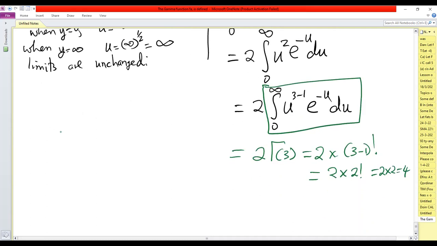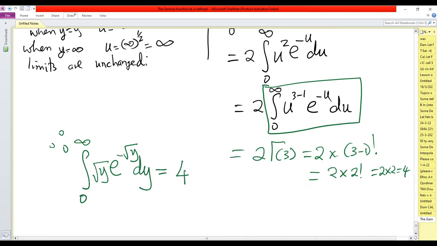So therefore, the integral from 0 to infinity of square root of y e raised power negative square root of y dy is nothing but 4. So 4 is the exact value of that given integral. Thank you.